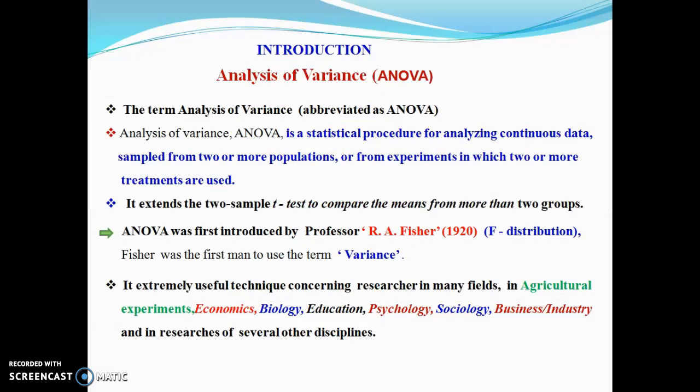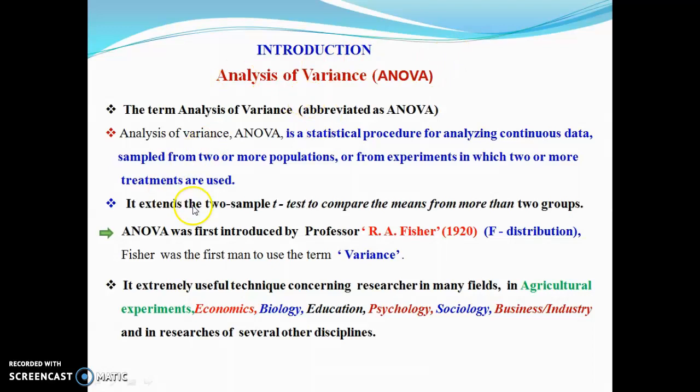So let's start the introductory part. The analysis of variance, in short ANOVA, means analysis of variance. The analysis of variance is one of the most powerful tools of statistical analysis, and this technique is used to test whether the difference between the means of 3 or more populations is significant or not.